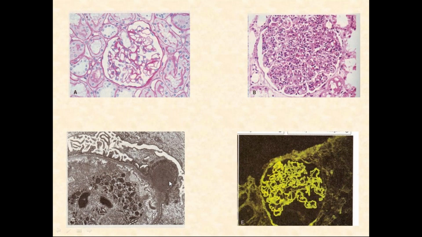And in immunofluorescence, what you see is granular deposition of immunoglobulin IgG. You can see the fluorescence here, isn't it? So there is granular deposition of IgG on immunofluorescence. These are the features of classical acute proliferative glomerulonephritis.